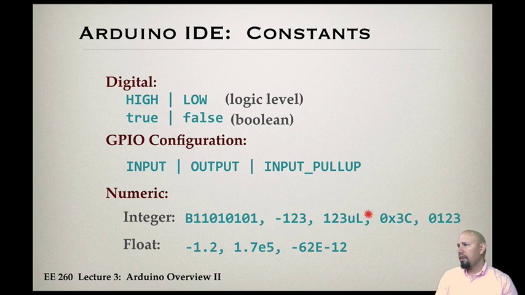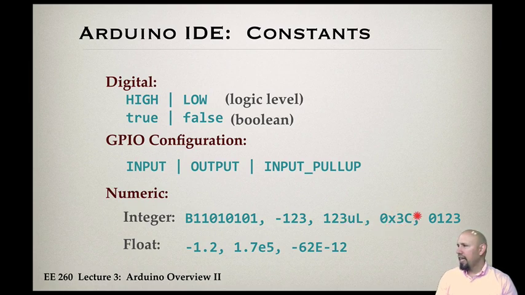Here I can have other things that you add onto the constants. So U stands for unsigned, which means there is no sign, that means it's a positive constant. And L means long, so I can have a long integer. Well, we'll talk a little bit about that later.